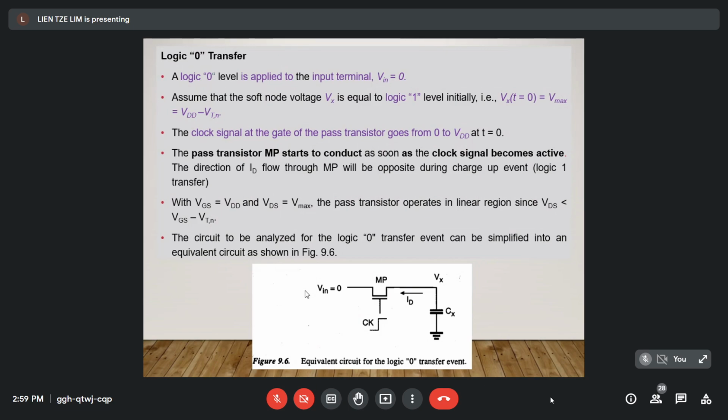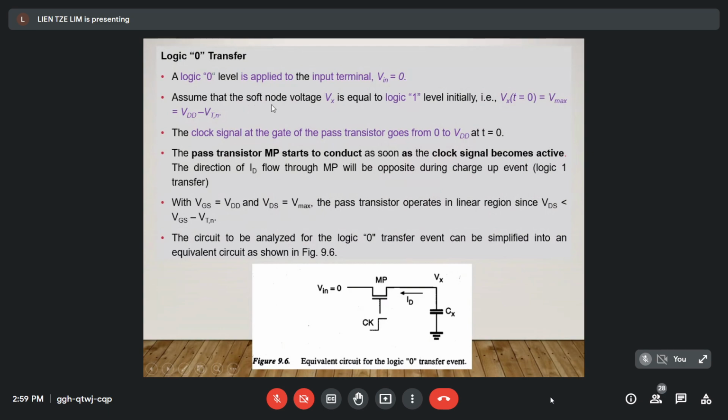Next, I will discuss when logic 0 is input to the circuit. At logic 0 transfer, a logic 0 is applied to the input terminal, Vin equals 0.